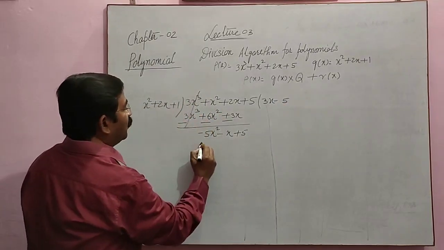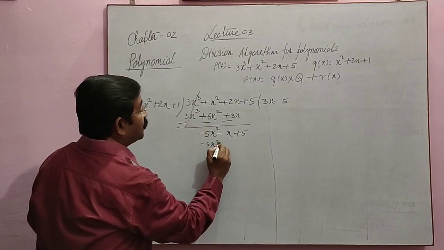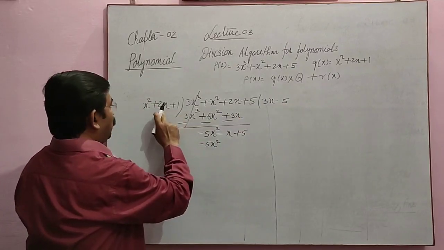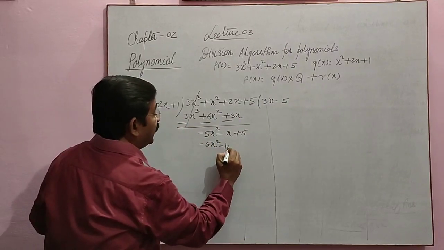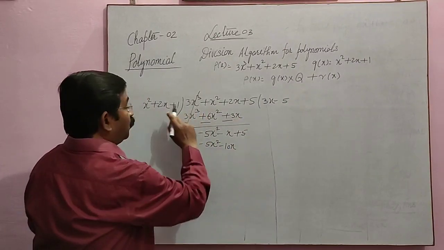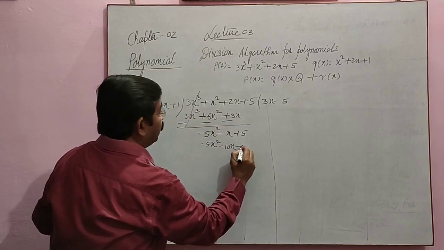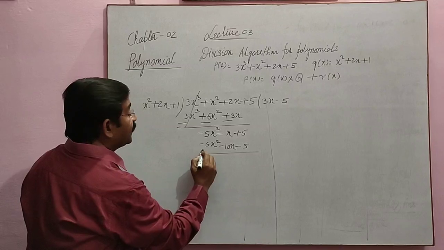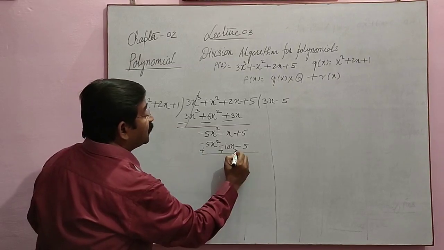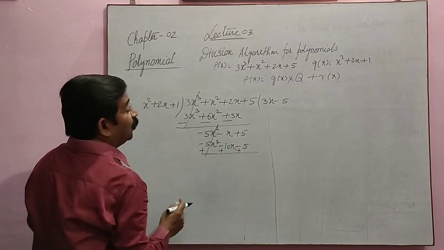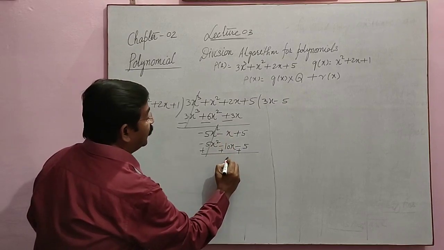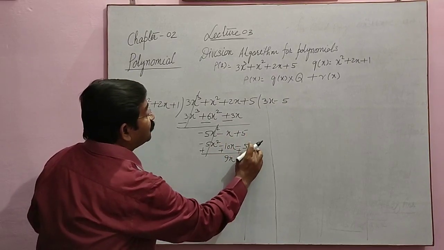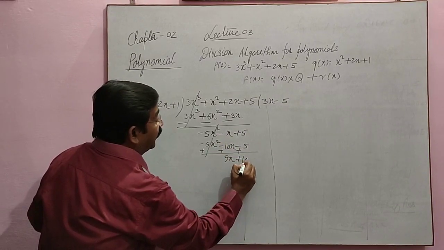Minus 5 into x square, we have minus 5x square. Minus 5 into plus 2x, minus 10x, and minus 5 into plus 1, minus 5. So change the sign: plus, plus and plus. This will go. 10x minus x, 9x, and plus 5 plus 5, plus 10.